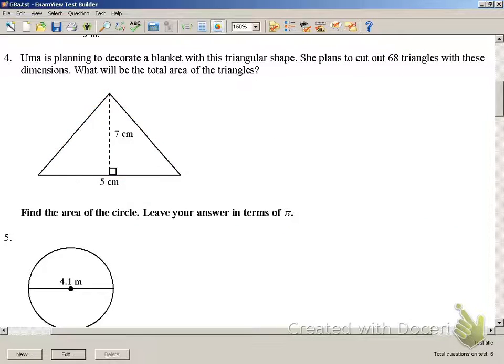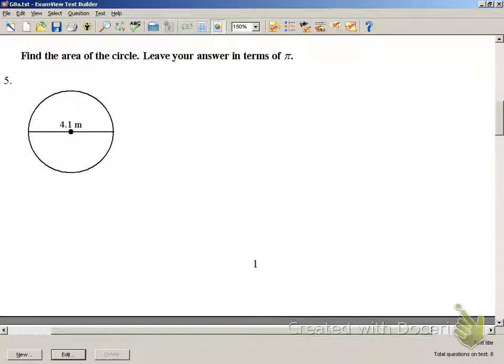Number 5, find the area of the circle. Leave your answer in terms of pi. In order to find the area of a circle, we must know the formula. Area of a circle is equal to pi r squared. R represents the radius. In order to solve for area, we have to know the radius.